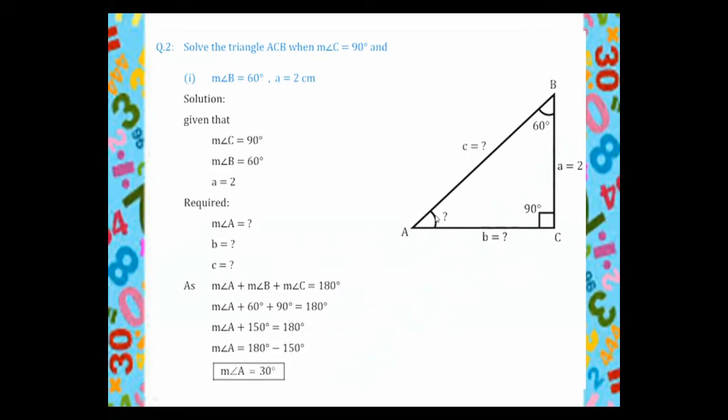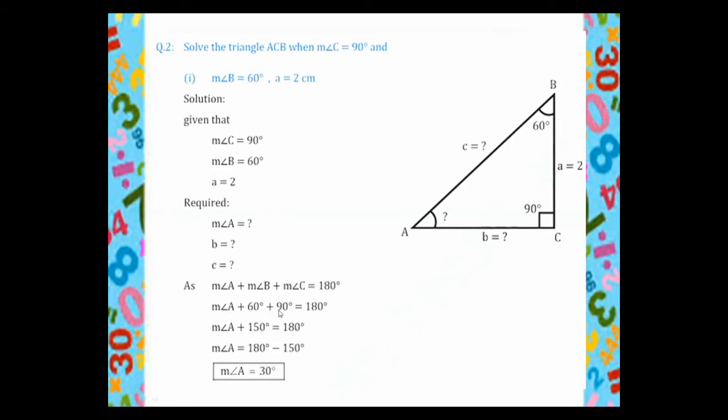We can easily find the third angle because we already know the two angles. We have to find the measurement of angle A, the base B, and the hypotenuse C. We have to find these two sides B and C. As we all know, the sum of all three angles of a triangle is 180 degrees.